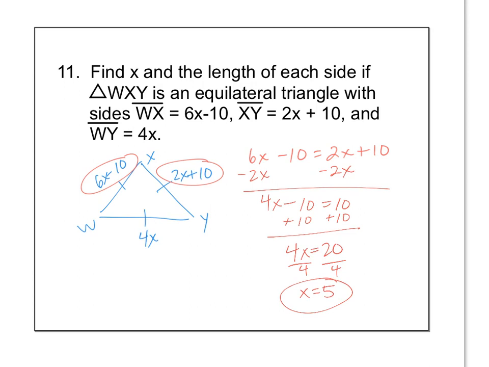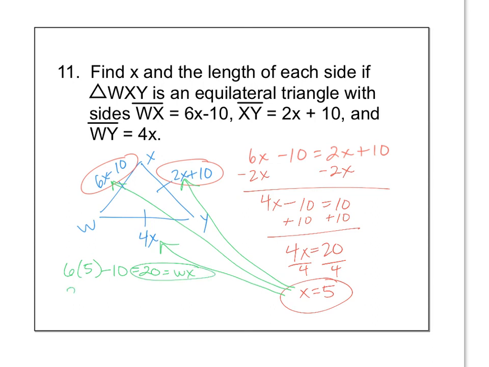Okay, now pause the video one more time and plug it in and see if you can find the length of all 3 sides. So you have to take the 5 and plug it in for there, there, and there. So 6 times 5 minus 10 is 20, and that is side WX.